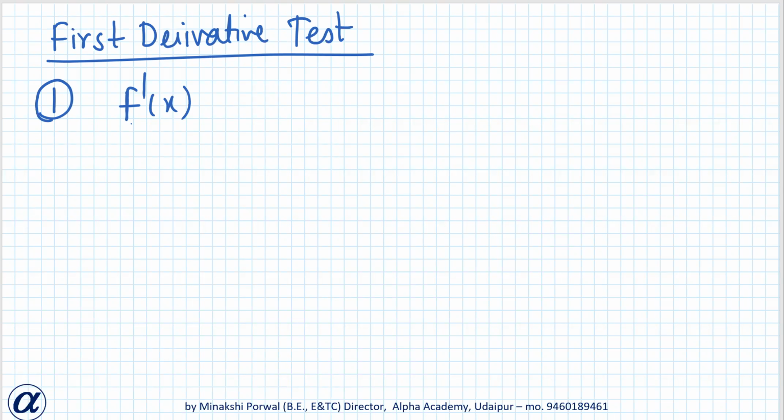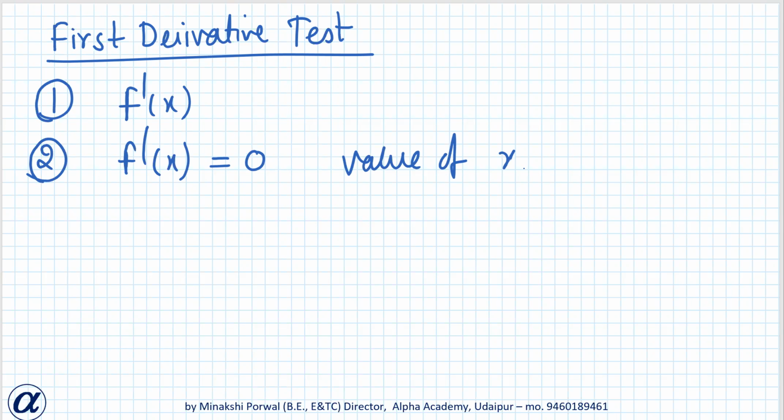After finding f dash x, we put f dash x equals 0. After differentiating, whatever term comes, we put it equal to 0. Then we solve that equation and find the values of x. These values of x are the points that will divide the number line into different disjoint intervals.